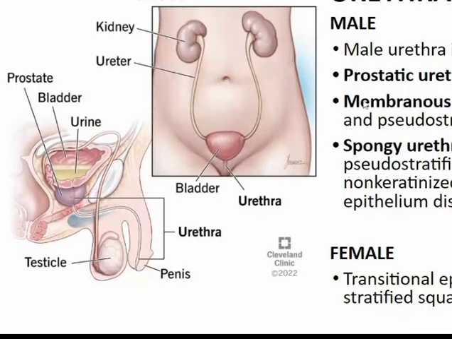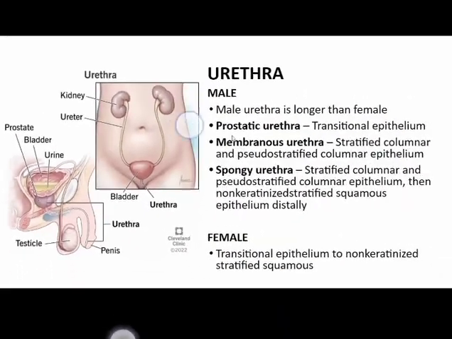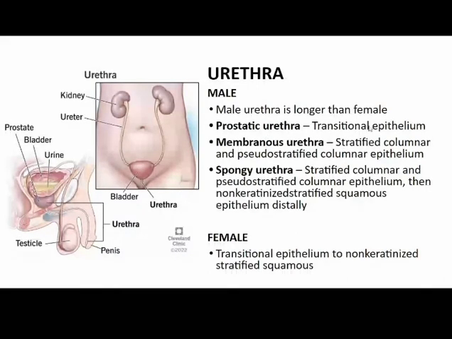There are three types: the prostatic urethra, the membranous urethra, and the spongy urethra. They have different epithelium in each part. The prostatic urethra has transitional epithelium; the membranous urethra has stratified columnar and pseudostratified columnar, as does the spongy urethra, but they will change into non-keratinized stratified squamous distally.